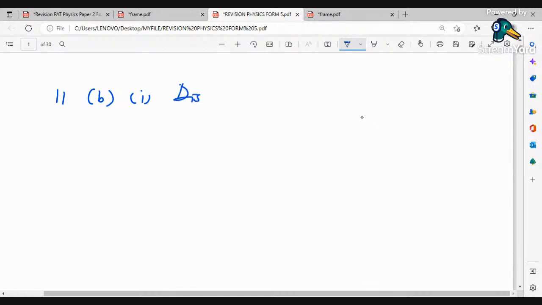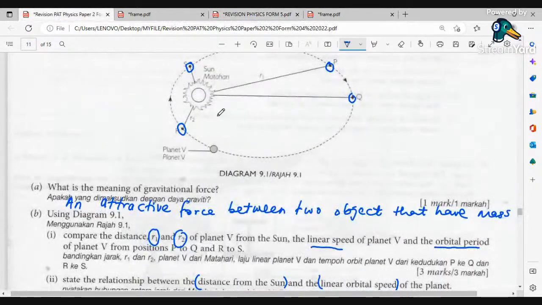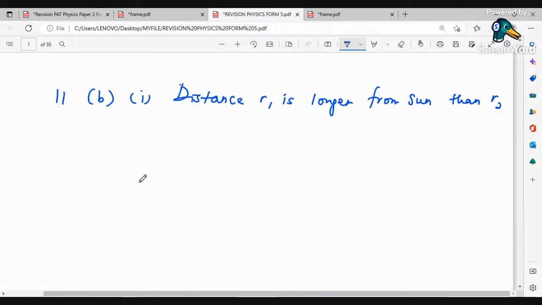Distance R1 is longer from Sun than R2. Ini you can tengok balik diagram R1 dengan R2. R1 dan R2, okay, R1 is longer from Sun compared to R2. Okay.